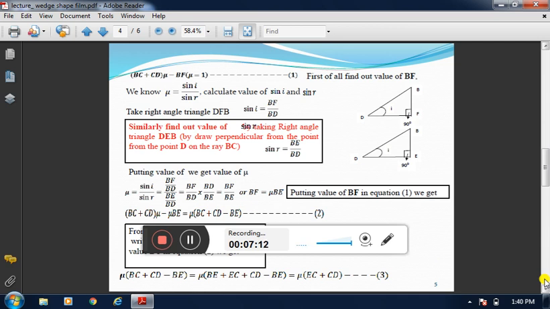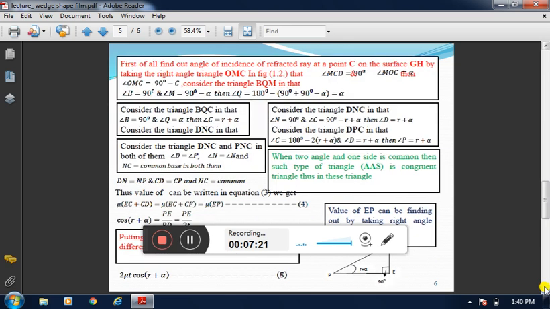Dear student, let us now calculate the value of CD and EC. For that we refer to our diagram. Consider the triangle BQC. In triangle BQC, angle B is 90 degrees and angle Q is alpha.